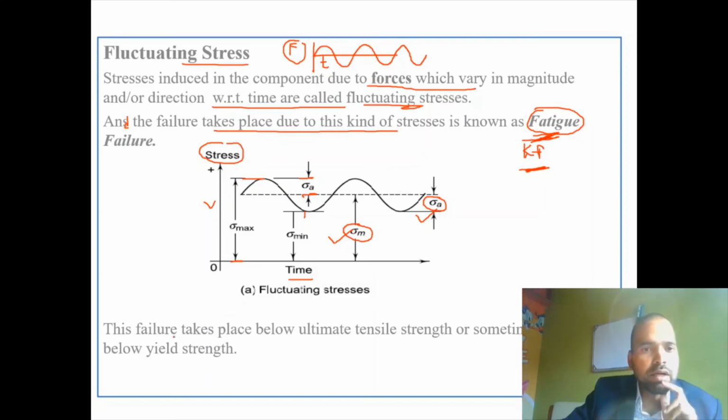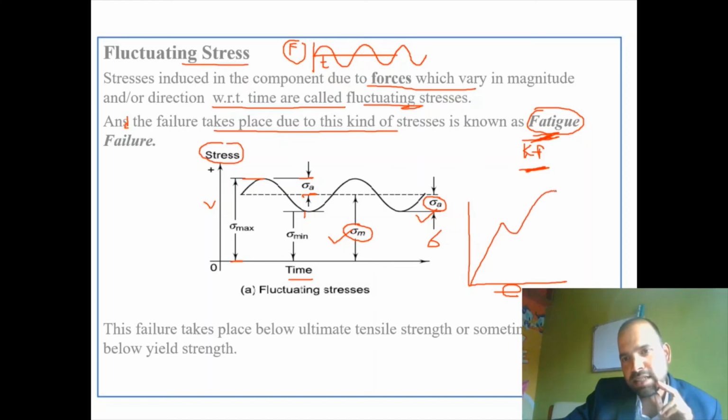The major point to discuss is why there is a separate unit on the design of components subjected to fluctuating load. If I draw a stress strain diagram, you all know from the basics of strength of materials that for a ductile material, the material fails after reaching the ultimate tensile strength, that is SUT.